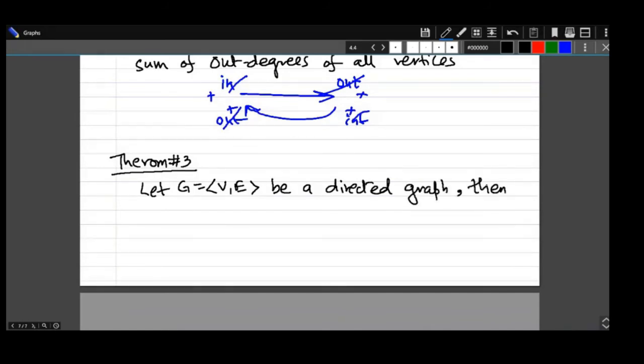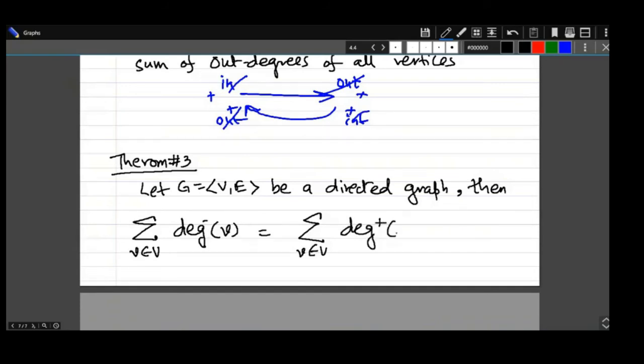Then the summation over v belonging to the set of vertices of the in degree of v is the same as the summation over v belonging to V of the out degree of v. So the sum of in degrees is the same as the sum of out degrees. Okay, good.